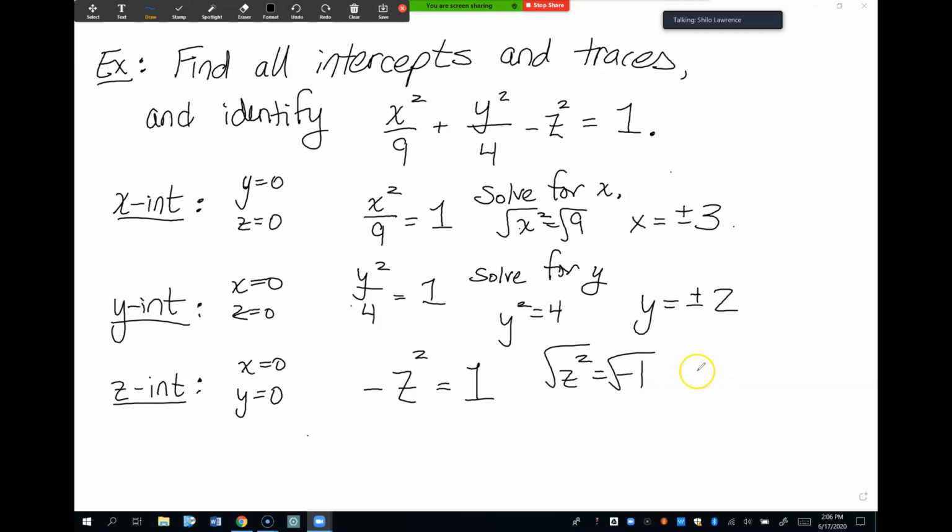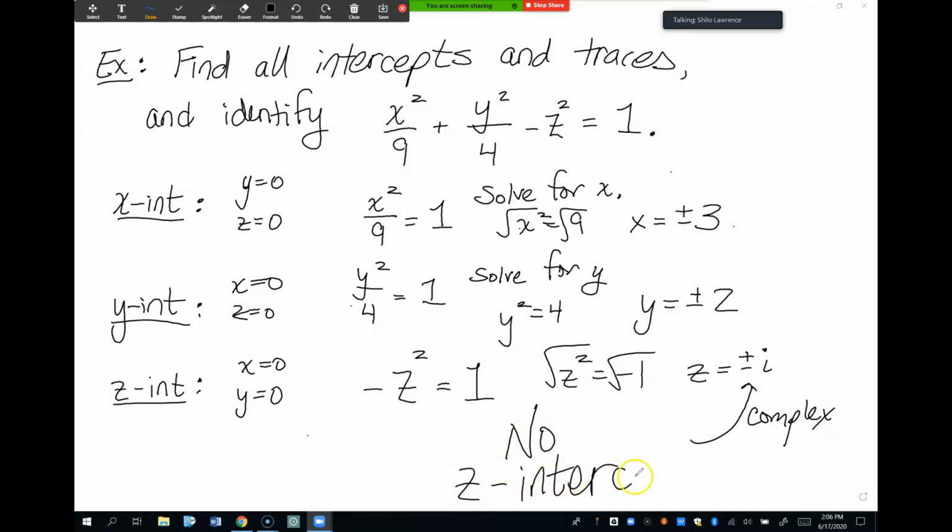And then when you square root both sides, the square root of negative 1 is i. So technically, if we follow all the correct algebra, we get that our intercepts are positive and negative i, but we do not graph i's in the real number system. So the fact that this came out as a complex number means that there are no z-intercepts. We're only looking for real number answers.